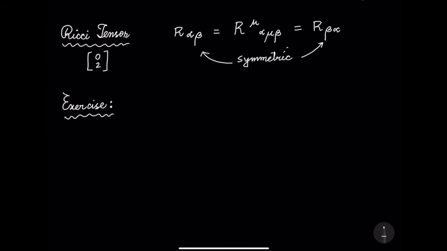So what do I do? I start with this R lambda alpha mu beta. I multiply this with g lambda eta, which gives me the Riemann tensor which we looked at last time, all downstairs.